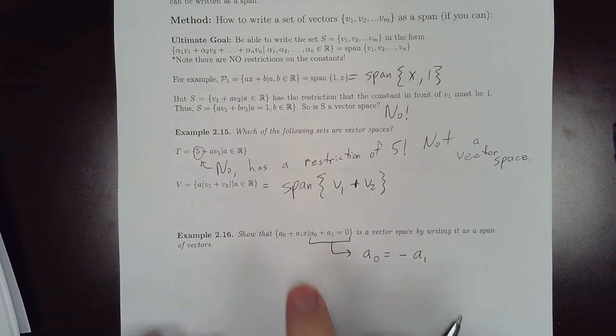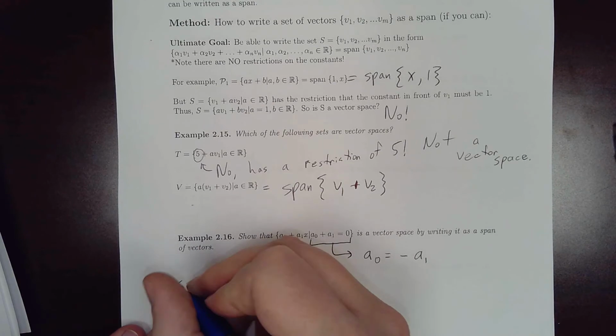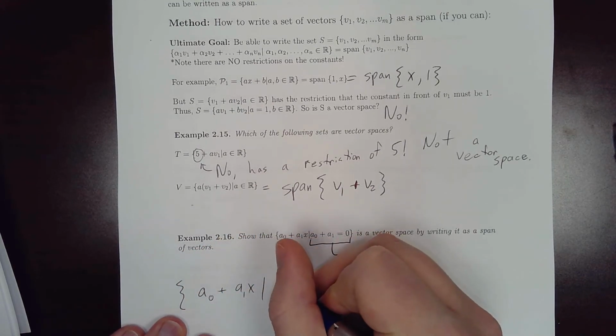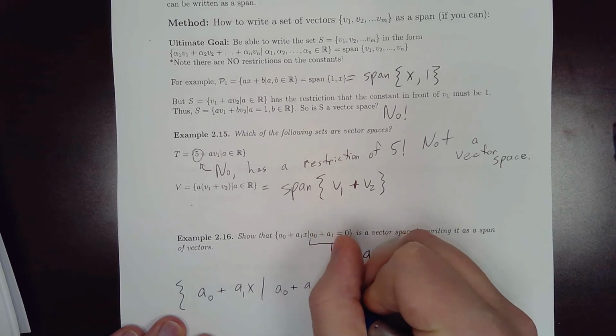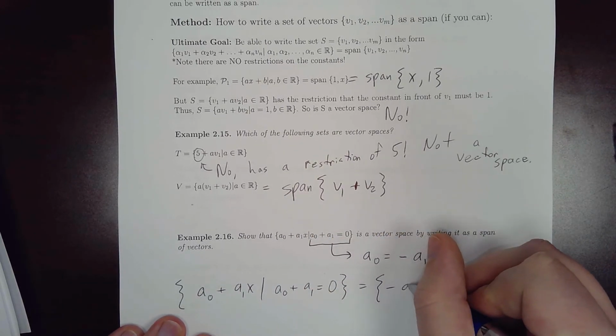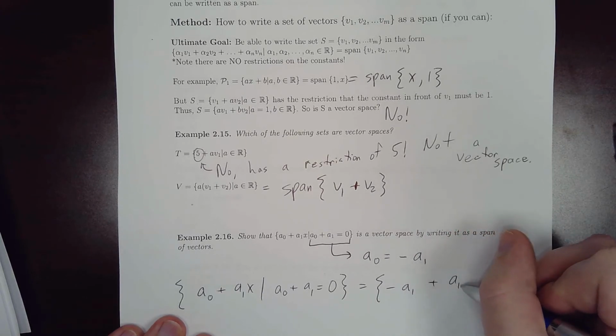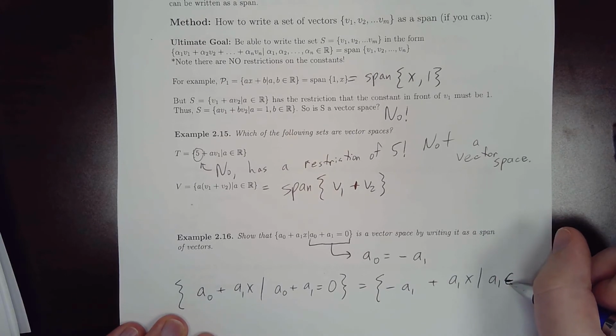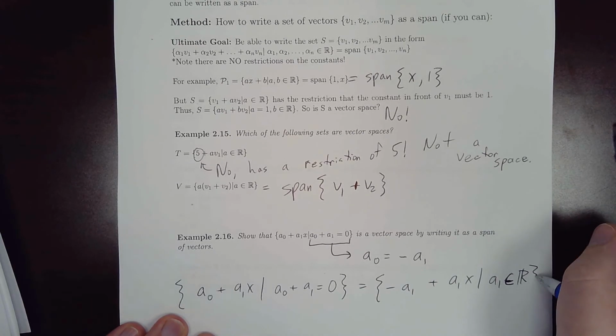If we do that, we can rewrite this set a0 plus a1x such that a0 plus a1 equals 0 as negative a1 plus a1x. And now that we don't have a restriction, we just say that a1 is an unrestricted thing in the real numbers.